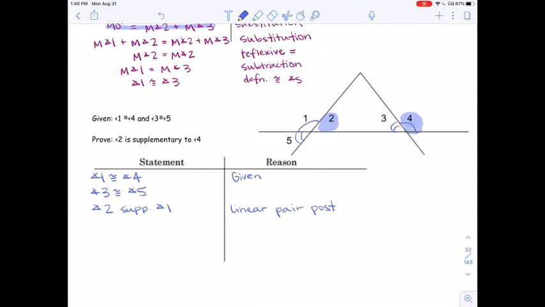They are also supplementary for the same reason. And then what bridge can I bring in here? So let's see. I know that 3 is congruent to 5. And I know that 2 is also congruent to 5 because they are vertical angles.